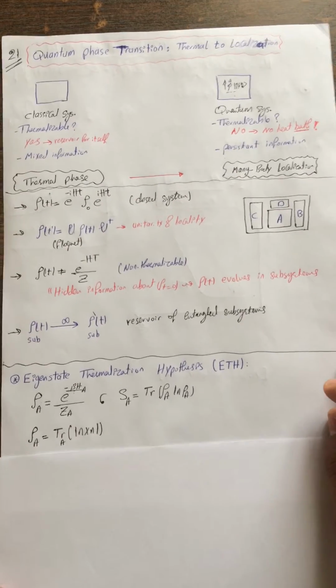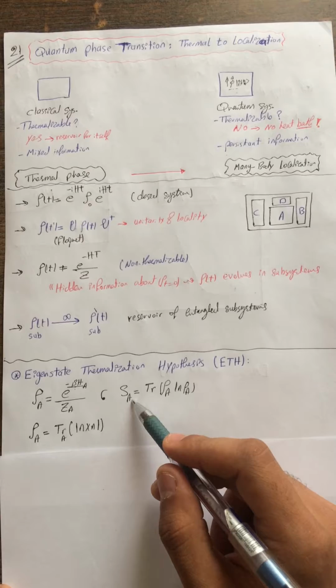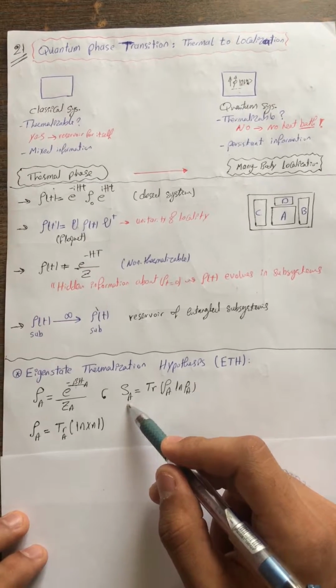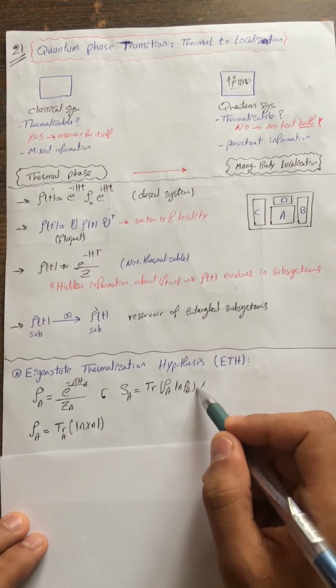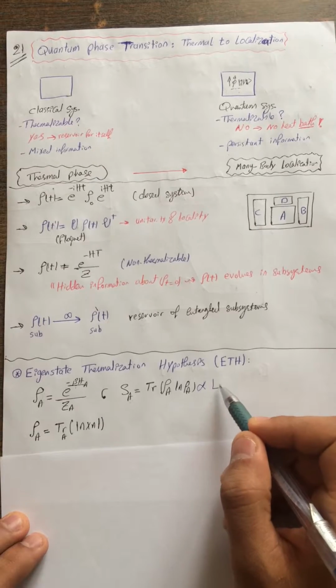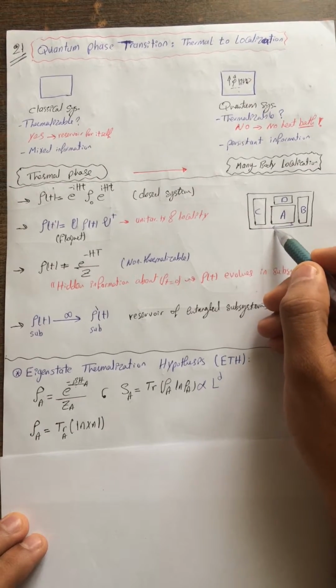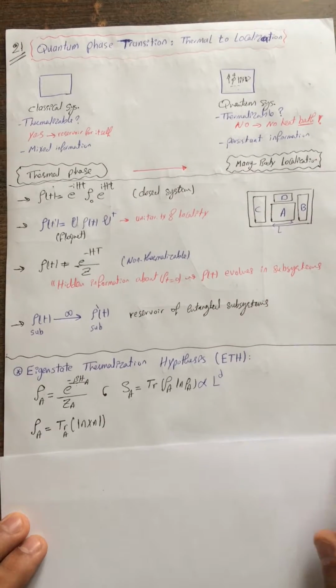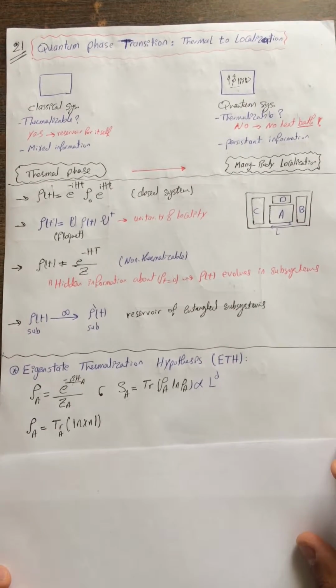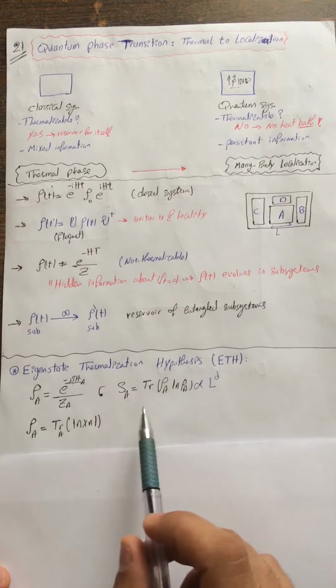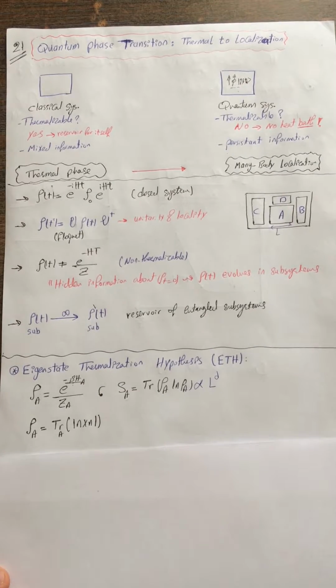The entropy of the subsystem A actually grows with the volume of a dimension here, L. Say that this is L. So it grows; we call it the volume law entanglement dependence.